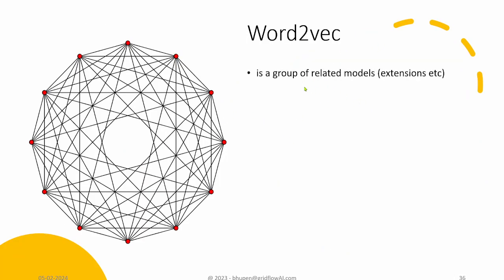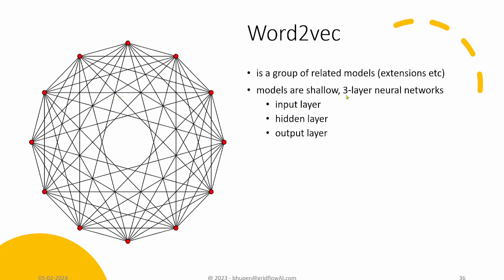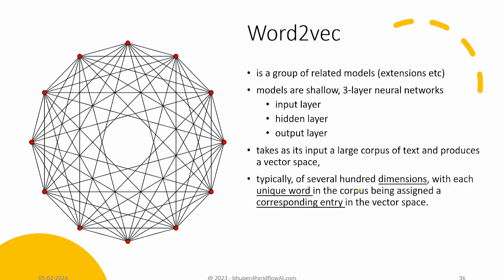So essentially, when we talk about Word2Vec, it is nothing but a group of related models or their extensions. The neural net that we use to generate Word2Vec is fairly straightforward, a very simple neural net: input layer, hidden layer, and output layer. The input layer takes the large corpus of text and it produces a vector space, which is called embedding.